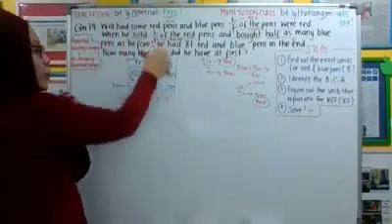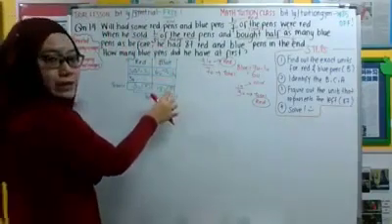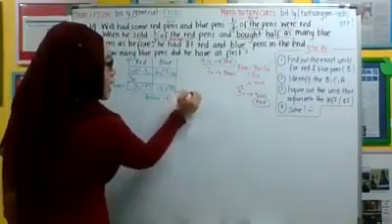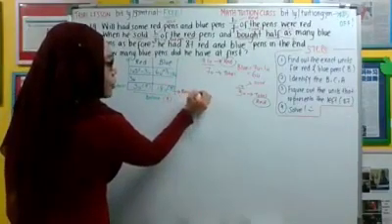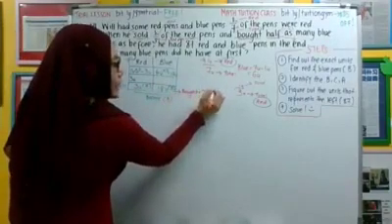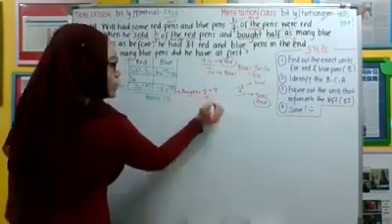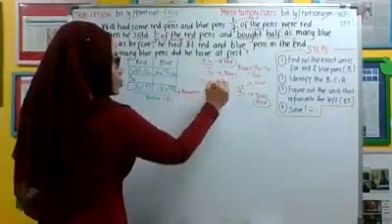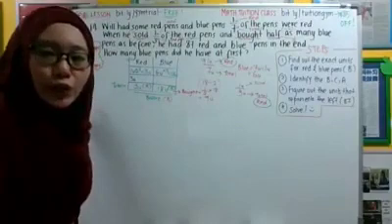Now let's look at the blue pens before. Blue pens before, right? So which means he bought half of 18. Half of 18 equals to 9 units. Or what we can do is 18 divided by 2 equals to 9 units.